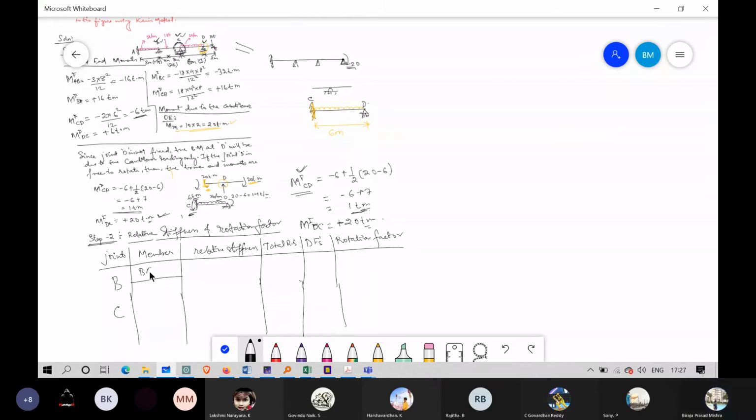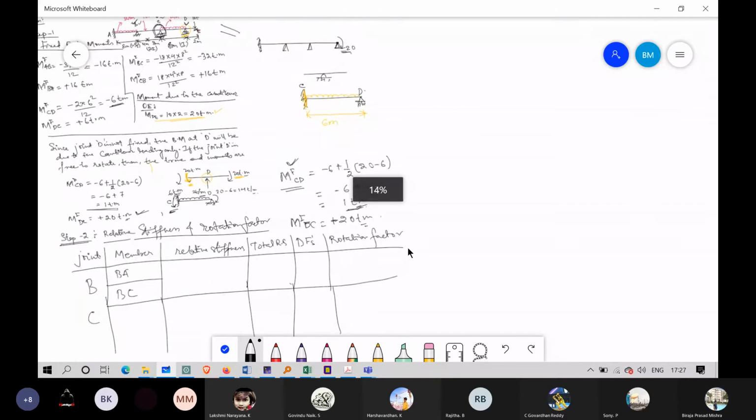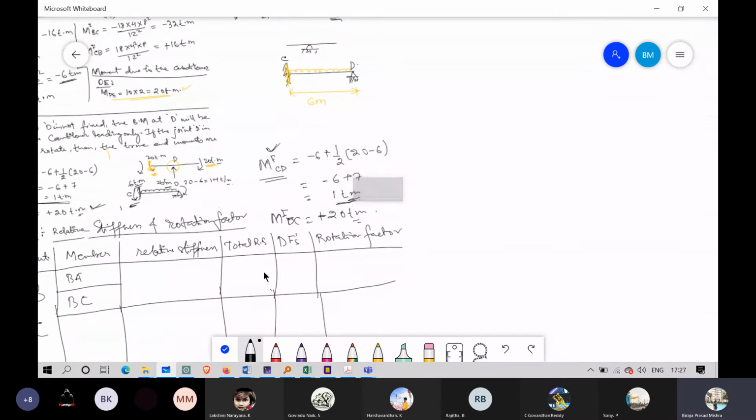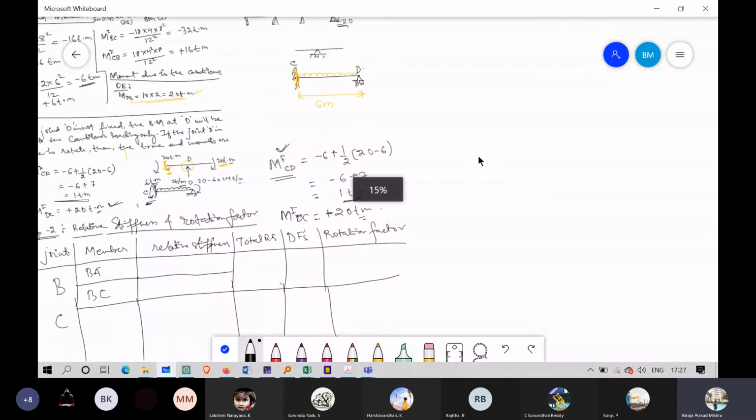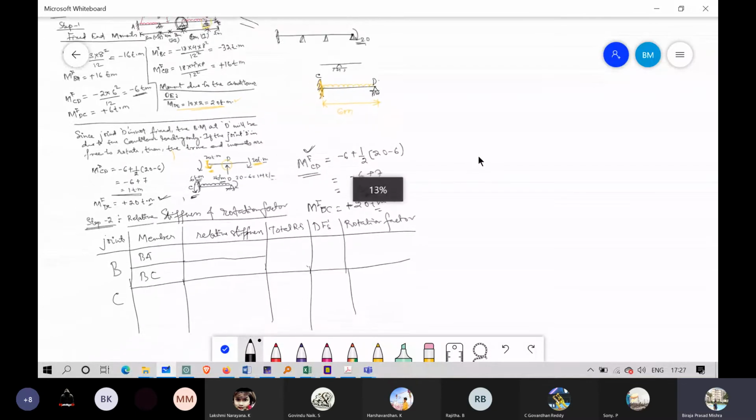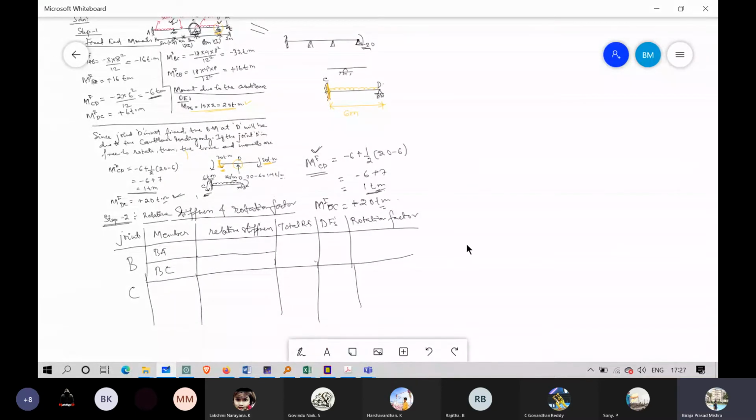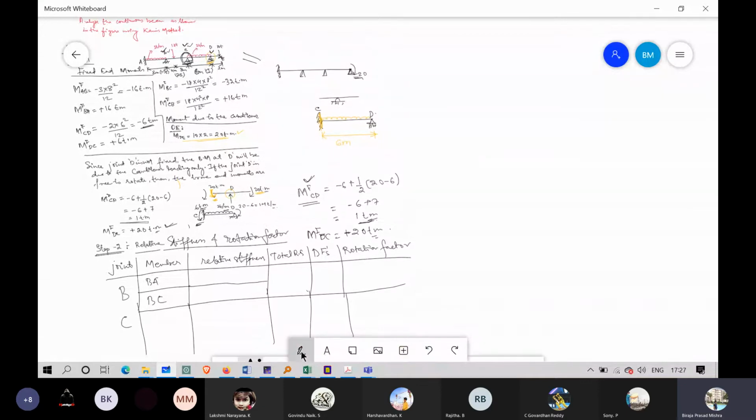BA, BC. Okay. Now what will be the relative stiffness for BA? For BA, what will be the value of relative stiffness?